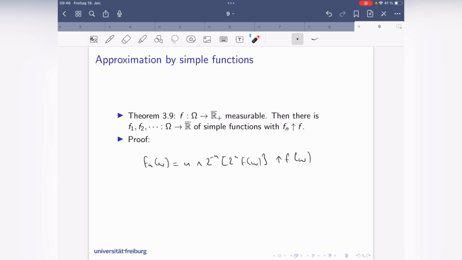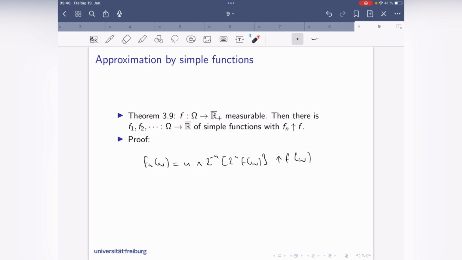And yeah, these are simple functions here. They are simple because this here can only take values, so the whole function can only take values which are multiples of 2 to the minus n. So that will be a simple function. And when is a simple function measurable?